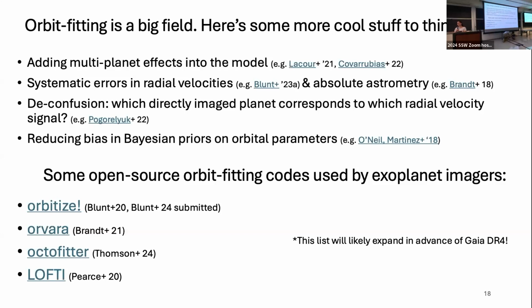And then I think it'll also open up really interesting opportunities for follow-up with direct imaging. So we'll discover these planets with DR4 and then follow them up with direct imaging and get dynamical masses and stuff like that. But then, I think there's also a whole host of questions about how we best fit DR4 data, which I think the field is going to have to explore in the next couple of years as well. So I don't know if I have a great answer to that question other than it's definitely a thing we're going to think about.